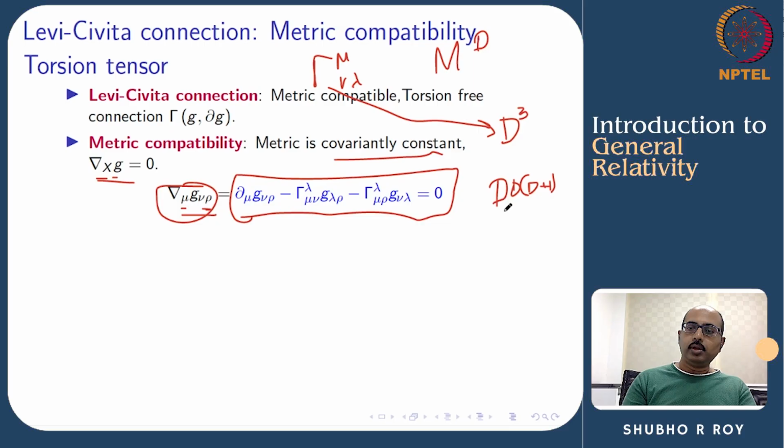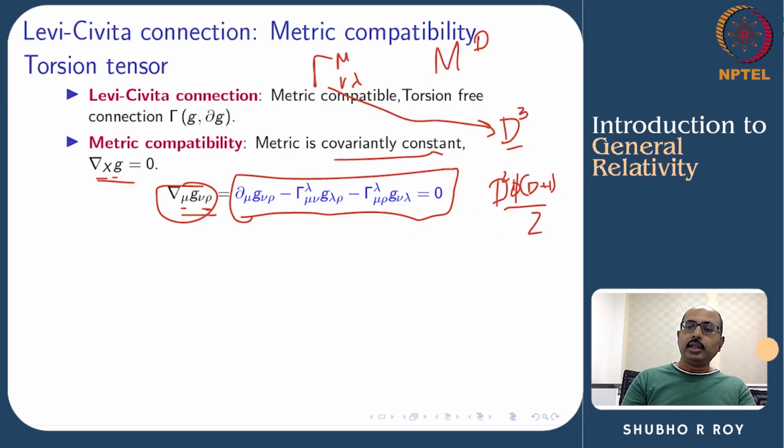So the components of gamma must satisfy this many constraints coming from metric compatibility.